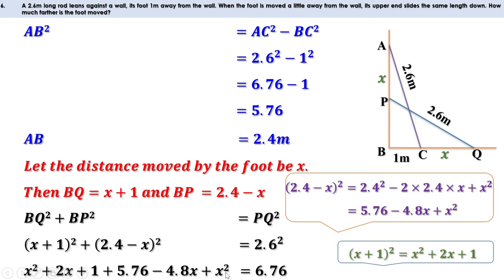x square plus x square is 2x square. 2x minus 4.8x is minus 2.8x. 1 plus 5.76 is 6.76. And when we take 6.76 to the other side, we get 6.76 minus 6.76, and that is equal to 0.